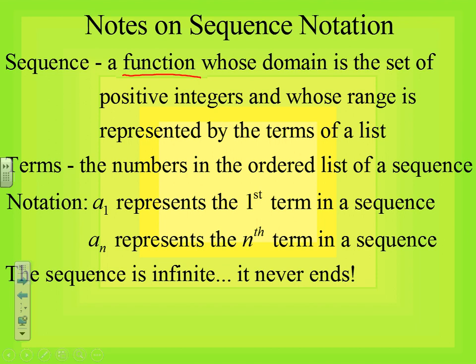This is x. This is y. So here, what we're using is a sub n, or an. We're going to look at that in terms of f of x. These are essentially going to be the same thing at this point.